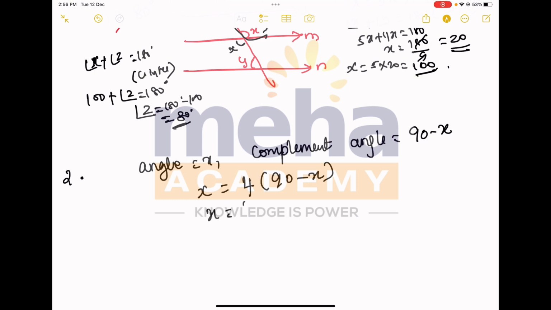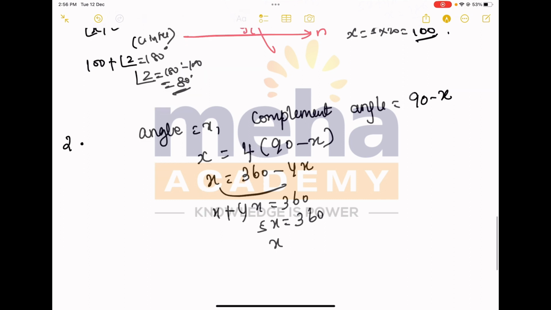So x is equal to 360 minus 4x. Bringing the 4x to the other side, x plus 4x is equal to 360. 5x is equal to 360. x is equal to 360 over 5. So the answer for the second MCQ is 72 degrees.